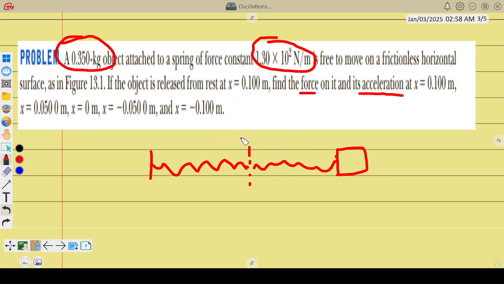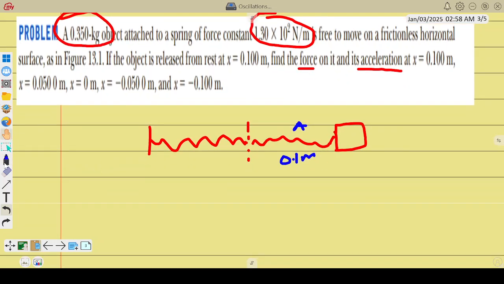At the first point, they are telling us that the value of A, the maximum displacement, is 0.1 meters. So they want us to find the force and the acceleration. How do we find the force? We simply say the force is equal to negative kx.